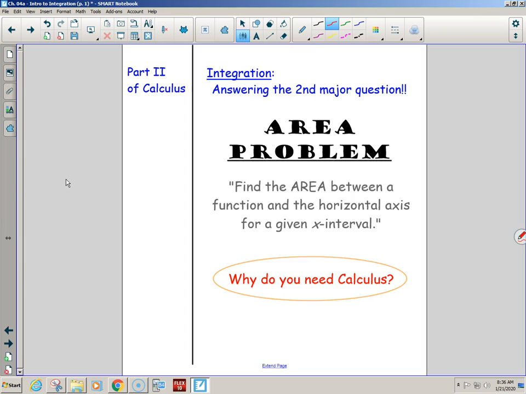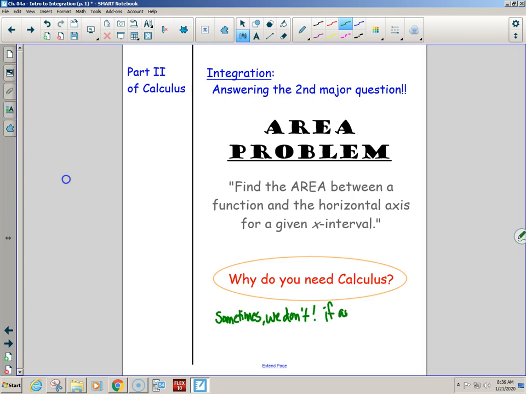Why do we need calculus? Sometimes we don't. Why do we need calculus? Sometimes we don't. That has to start there. Sometimes we don't.